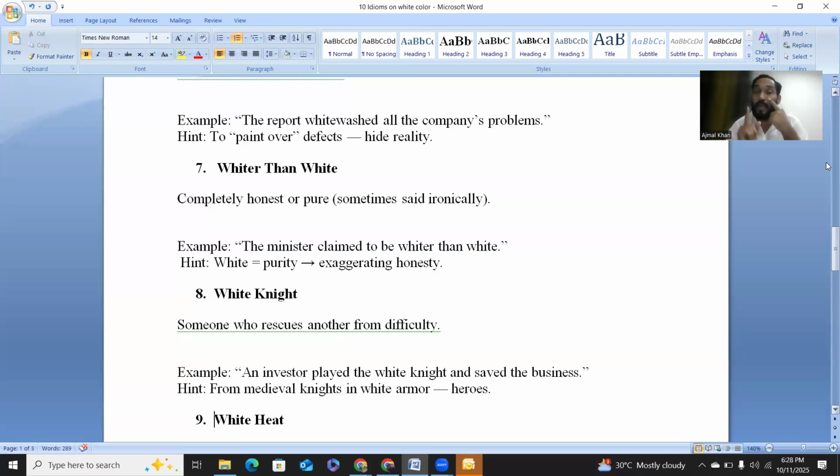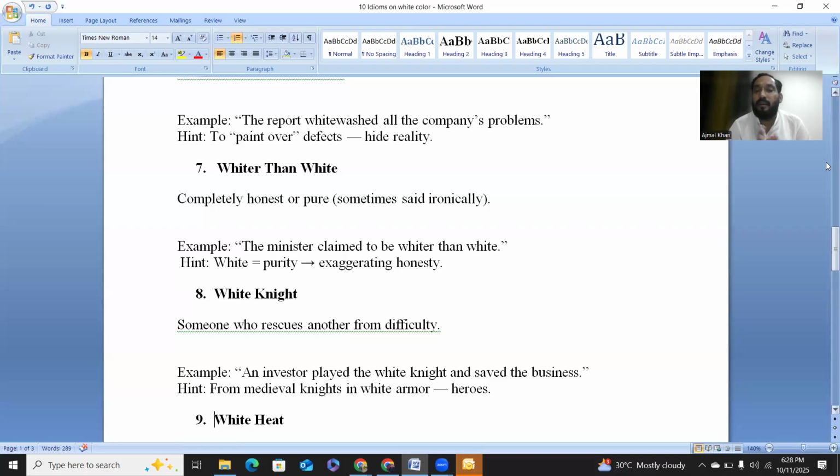A white knight would be a person who rescues and protects someone from difficulty, hard times, tough times. For example: an investor played the white knight and saved the business. An investor appeared and acted like a white knight and saved the business from flopping or getting lost.